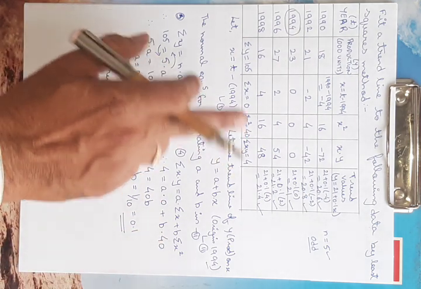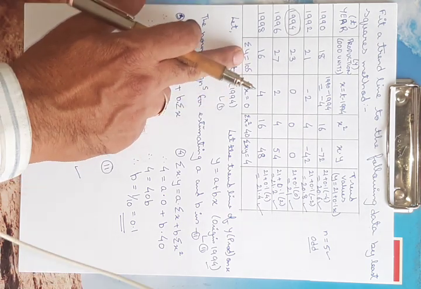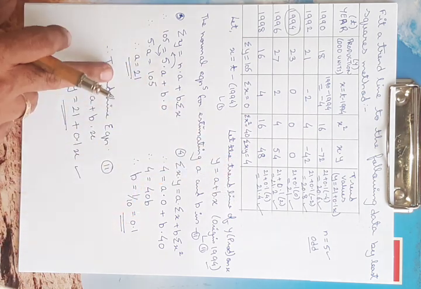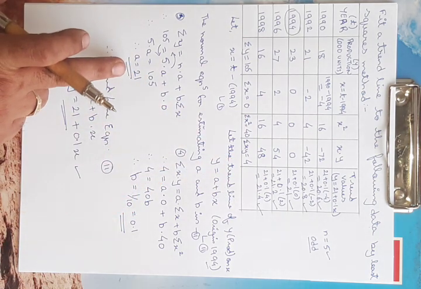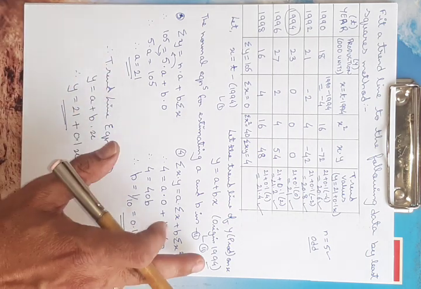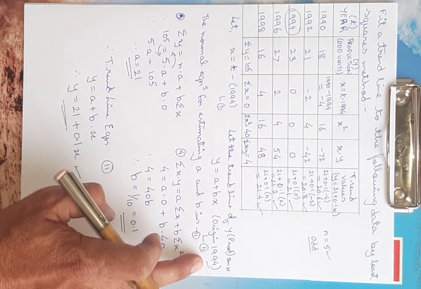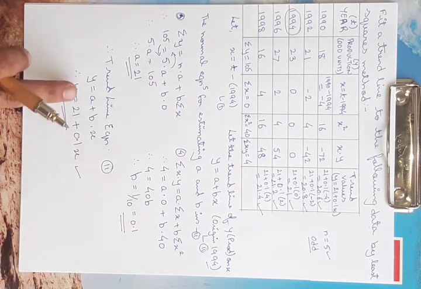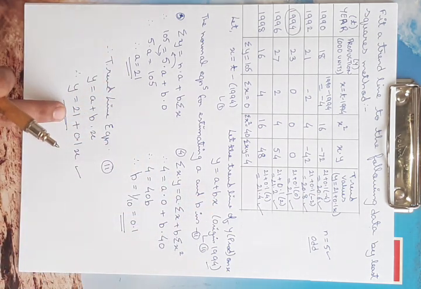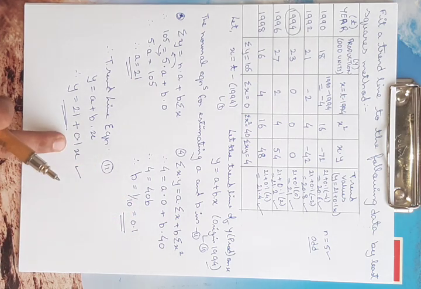Substituting the values of summation x, summation y, summation x square and summation xy into these, we get the values of a as well as b. Now putting these values of a and b into our original equation, equation number 2, the trend line equation, we get y is equal to a plus bx.